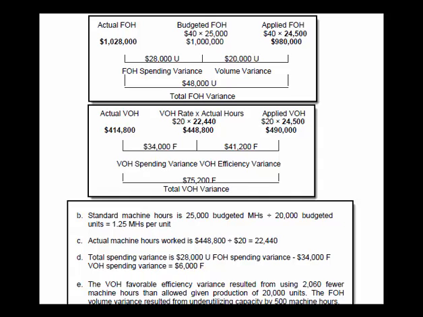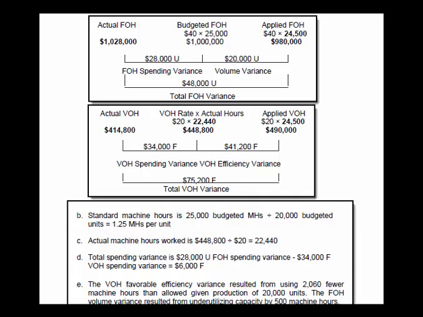Okay, now I've rearranged the screen so that we have that information that we solved on part A in front of us, and then we need to answer some other things. Part B says, calculate the standard machine hours, or, I'm sorry, let me say that correctly. On part B, they've asked us to come up with the standard number of machine hours allowed for each unit of output.